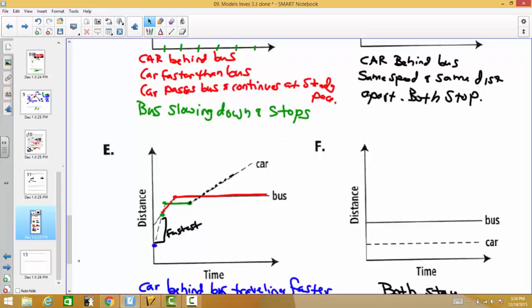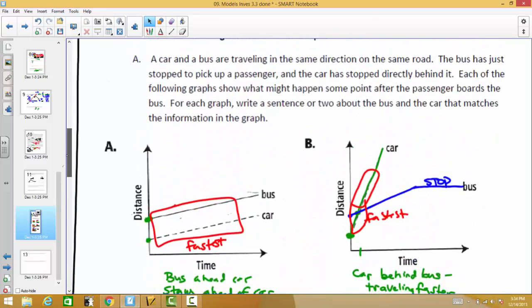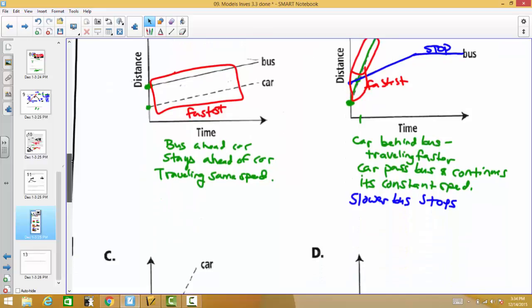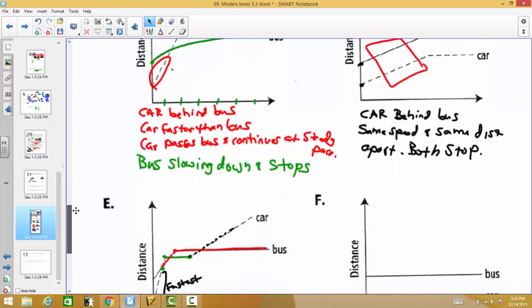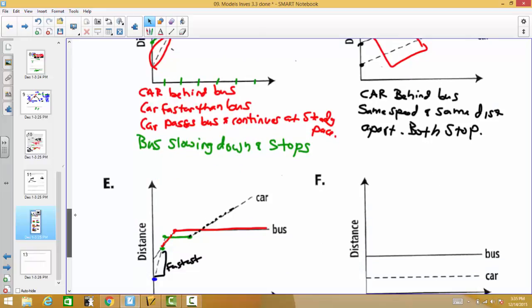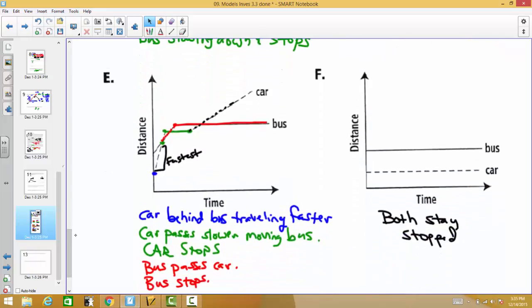Is E steeper than B? That's the question. E... Just doing an eyeball look here. I think E might be the steepest. If you think B is the steepest, put B. It really doesn't matter.